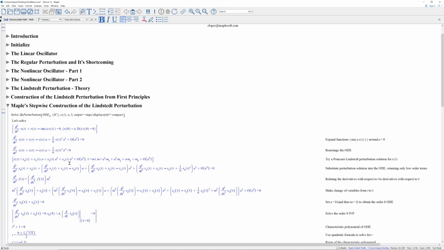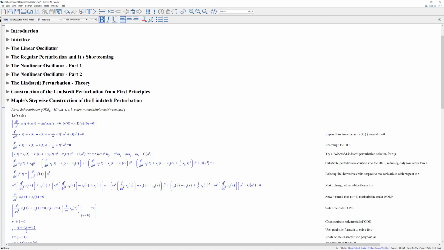And here you have this series data type, and you've got to hit it with convert to polynomial. And then you make your substitutions. Here they're made before the conversion.